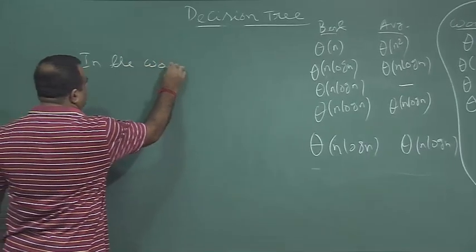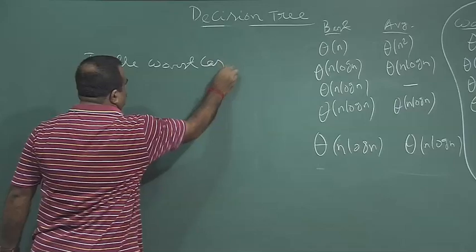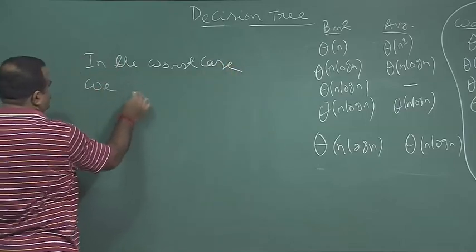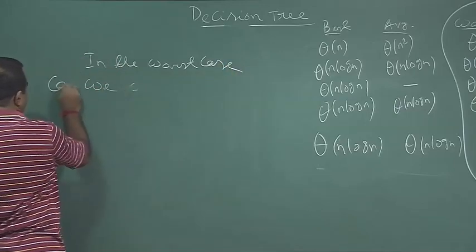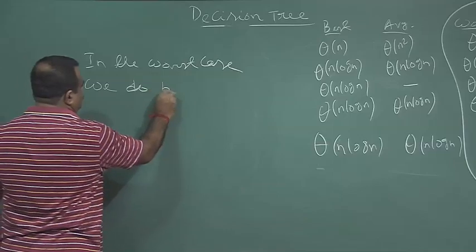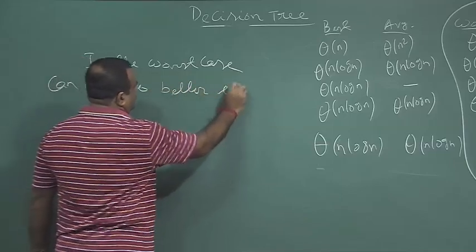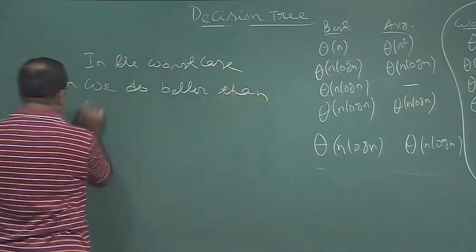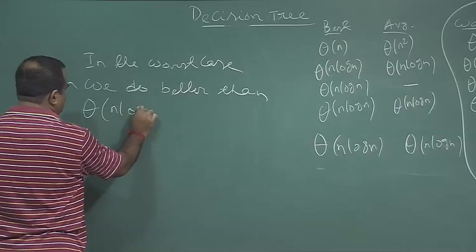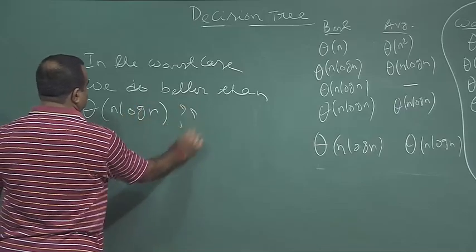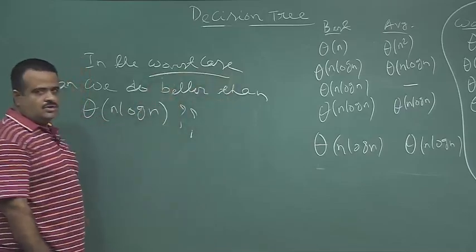In the worst case, can you do better than n log n in the worst case? That is the question.